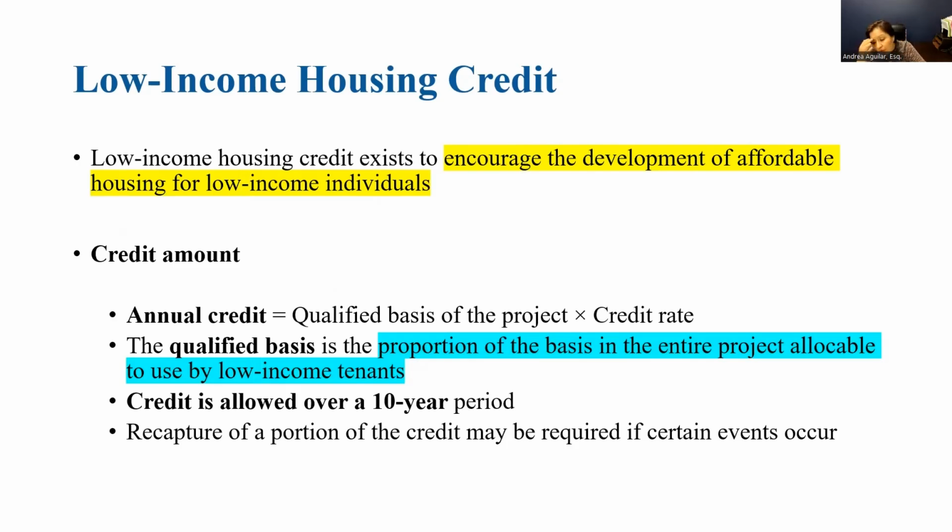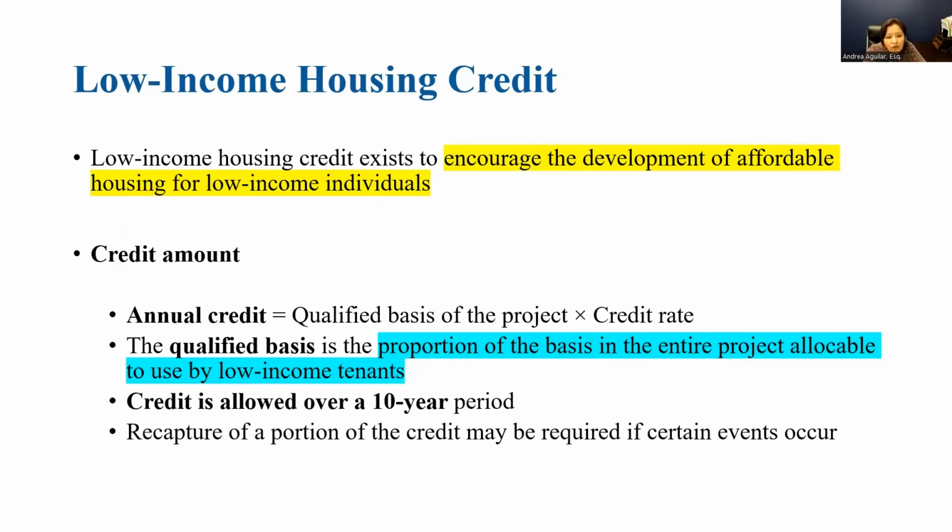So if my whole building will be used by low-income tenants, then that will be the qualified basis. But if only half of these establishments will be dedicated for low-income tenants, then my qualified basis will be just half of all the expenses that I'm incurring in developing these housings.